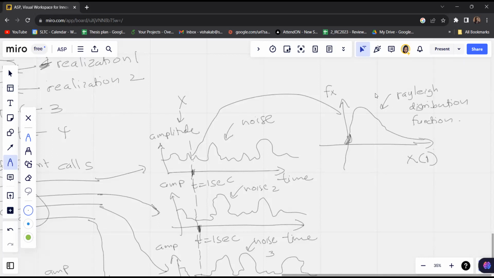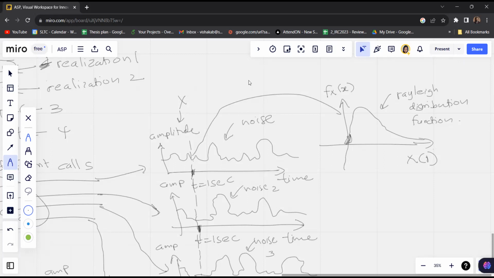So the probability of the amplitude of the signal can be found using the Rayleigh distribution function. This can be important when we are trying to find the probability of an amplitude occurring at a certain time instance.